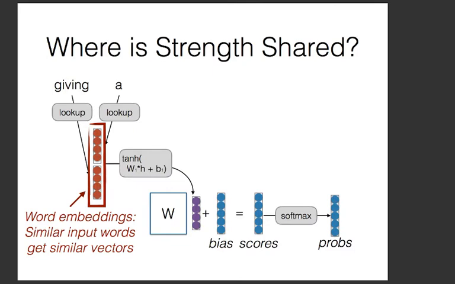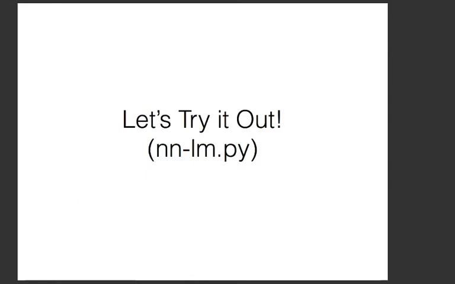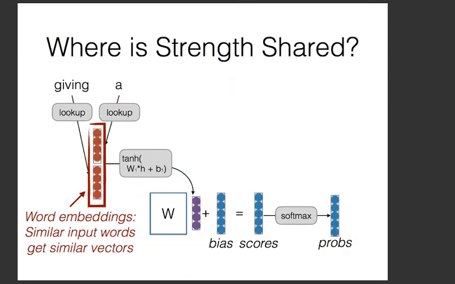And similar input words will get similar vectors. I don't have a concrete example, but purchased and bought will probably get similar vectors in this model, because if they do, they'll be able to do the language modeling task more accurately. So the red vectors will be more similar if the words are more similar, syntactically or semantically or whatever.